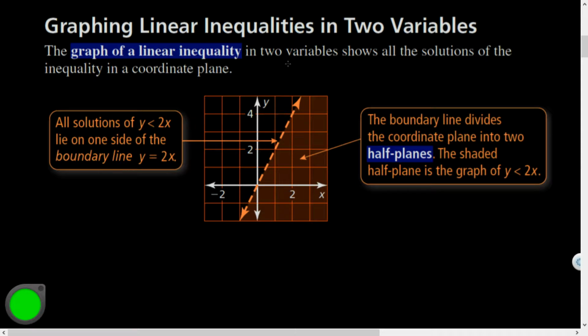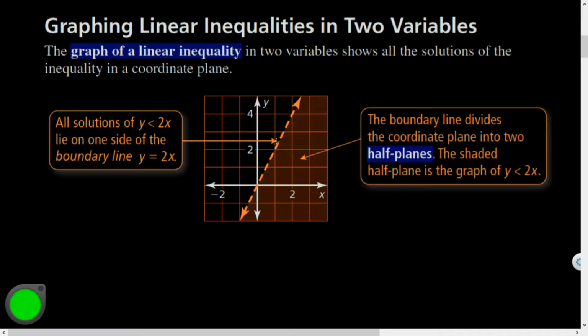It says the graph of a linear inequality in two variables shows all of these solutions, of which there are infinitely many, in a coordinate plane. So all the solutions of y is less than 2x look like this. Here's the line y equals 2x.